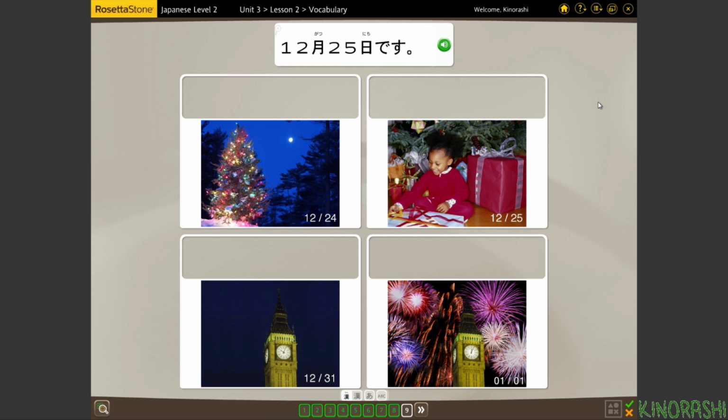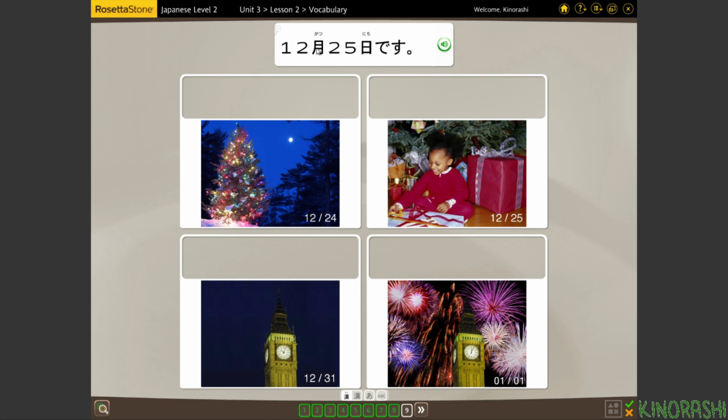12月25日です。日、月. Let's see. Year is nen. Month is gatsu.